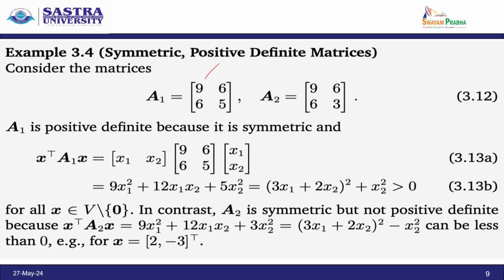You see these are symmetric matrices, because above the diagonal and below the diagonal are the same, and the transpose is the same thing. Now, A1 is positive definite.